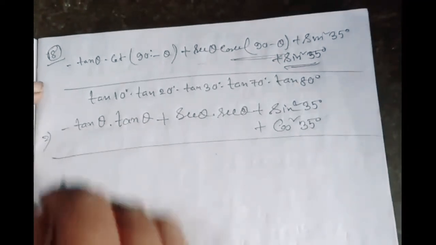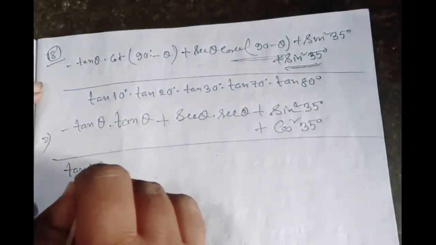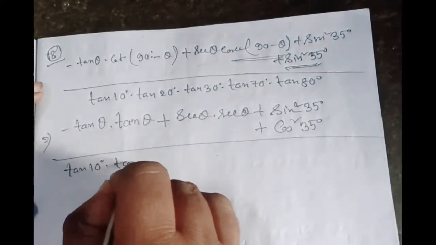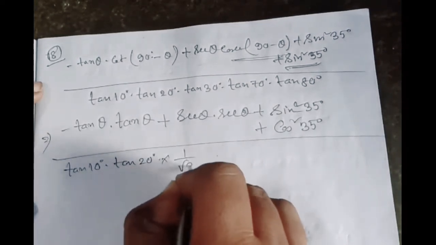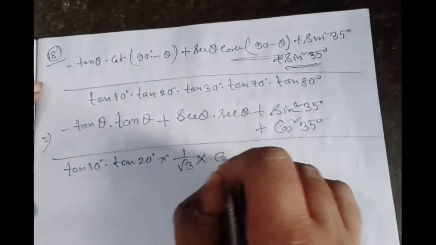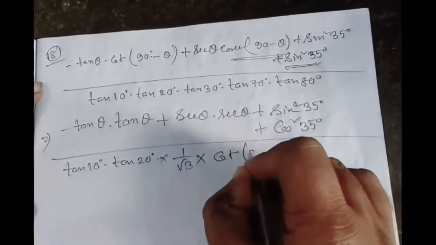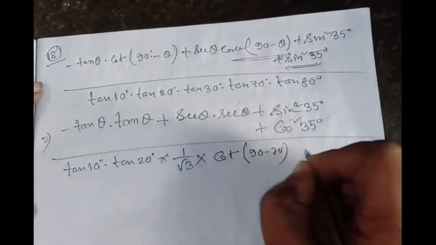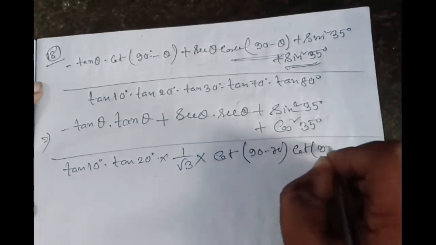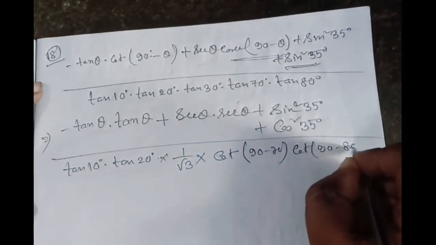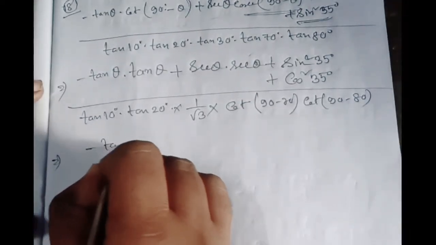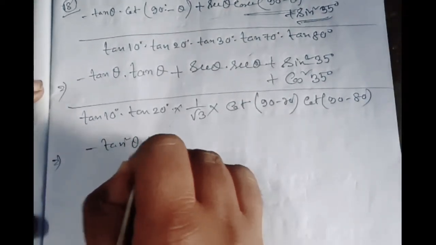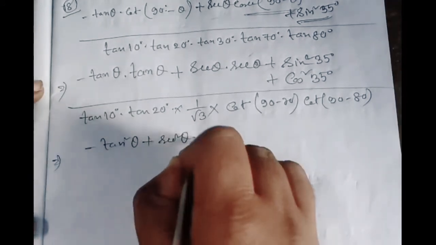Now this is tan 10 degree, tan 20 degree, tan 30 means 1 by root 3, tan 70 means cot 90 minus 70, this is cot 20, tan 80 is cot 90 minus 80, this is cot 10. Minus tan square theta plus this is sec square theta.